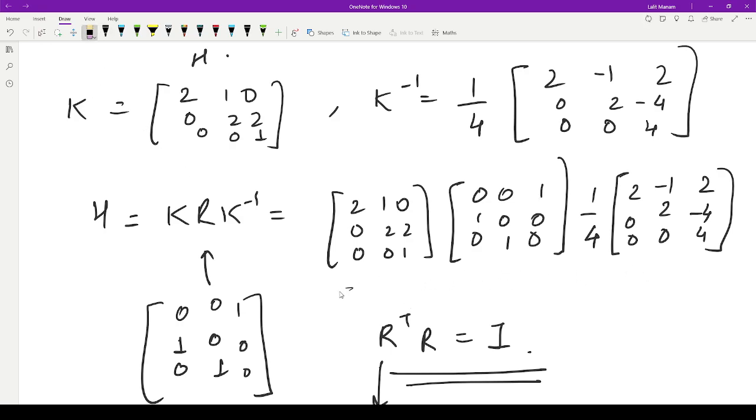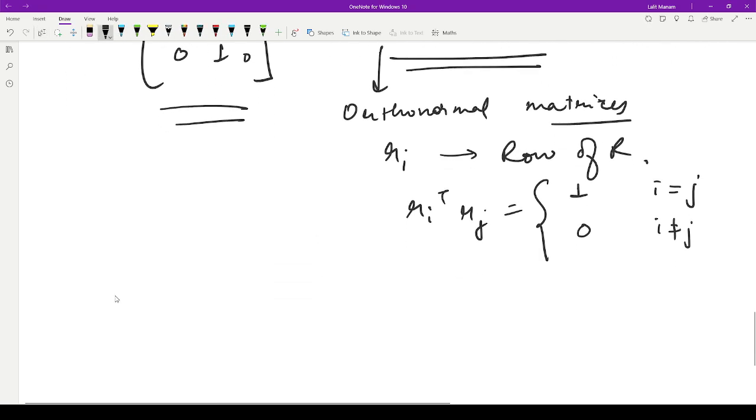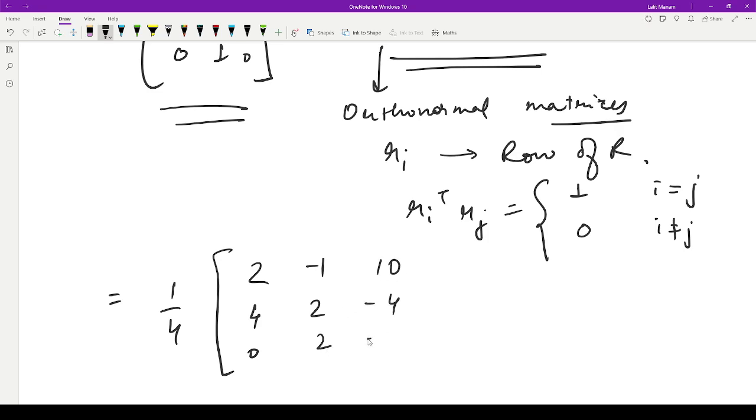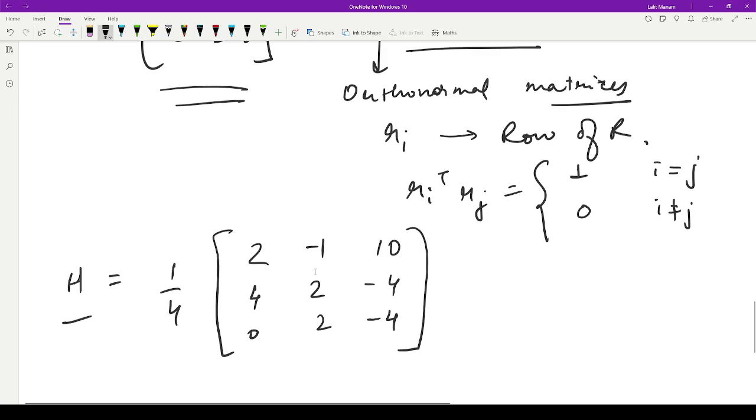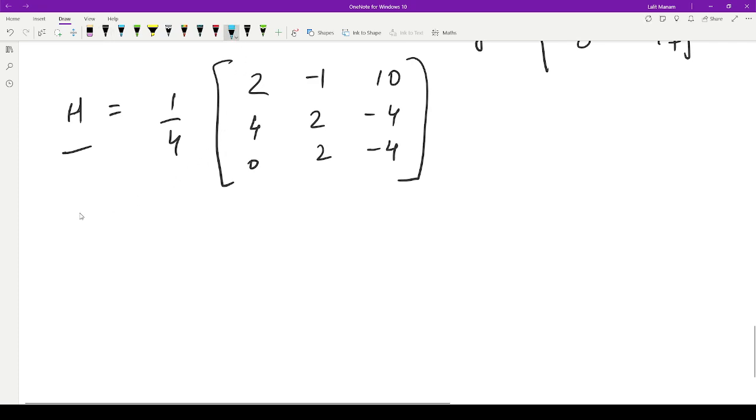Then just multiply the matrices and we'll get the homography, which should look something like this. This is the final homography matrix. I guess this question is clear. It's a pretty simple one based on the formula.